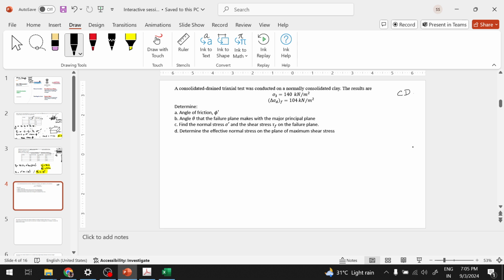To give an overview, when we talk about a triaxial test, there are two phases to it. The first is cell loading, cell pressure.